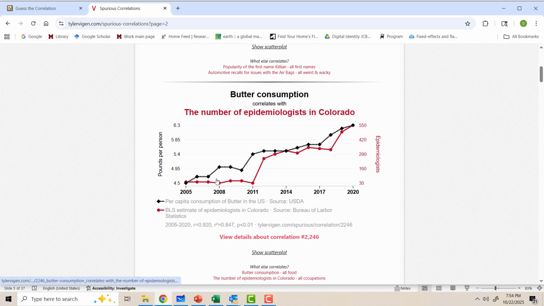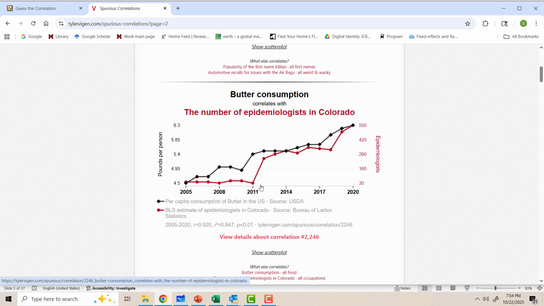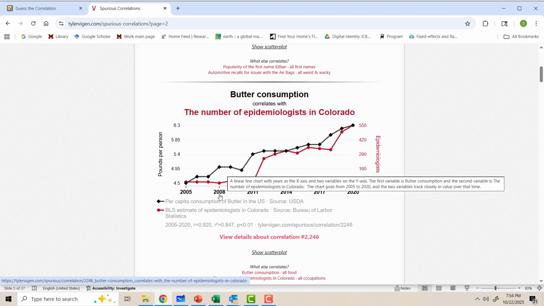Some of this we'll think about when we get to partial correlation later. There may be some underlying latent variable. This one is actually per capita, but you can see that with butter consumption and the number of epidemiologists, you've got two things that are naturally increasing.